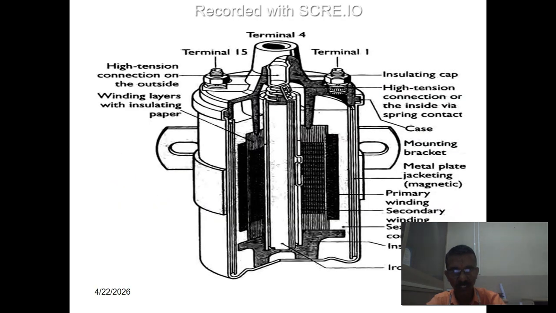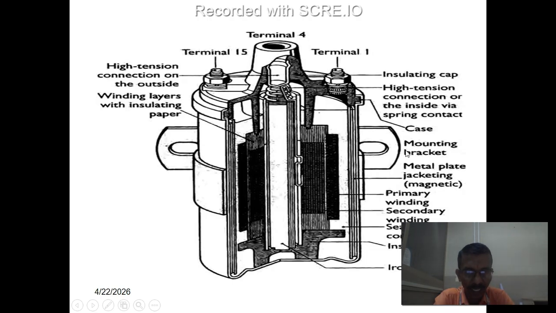These images show an older type of spark plug. This is shown with terminal 5, terminal 1, terminal 4, and an insulating cap, where the insulation takes place.